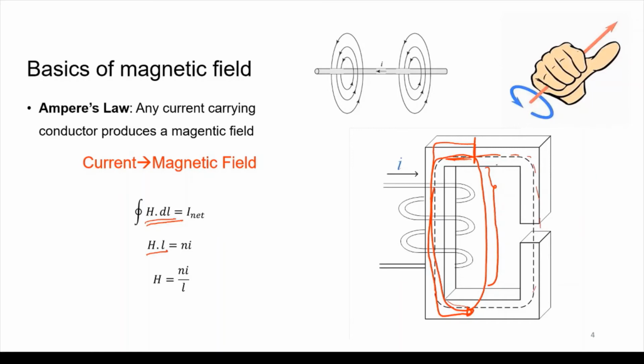So the flux inside this core is 5000 times higher than the flux in air, or in other words, the flux in the air gap is 5000 times less than the flux inside the magnetic material, which can be neglected. That is why we only focus on this path, because this is the path where the magnetic field or magnetic flux density or magnetic flux exists.